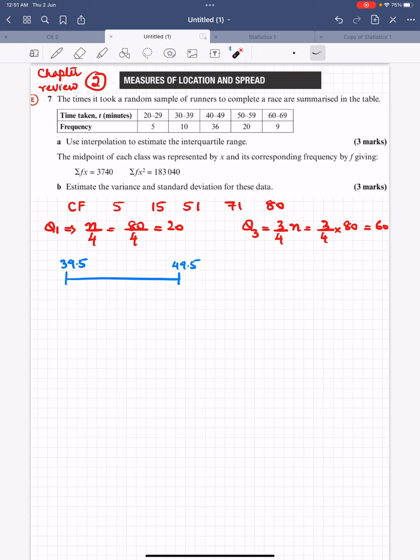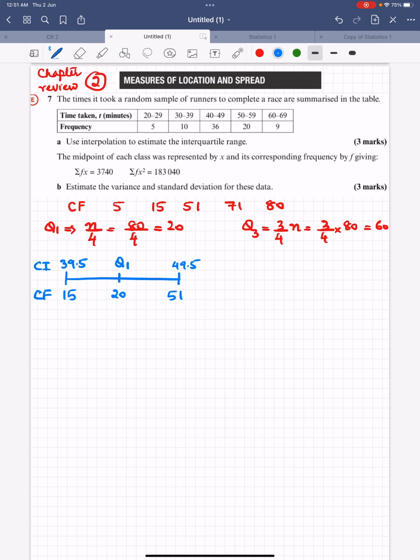The cumulative frequency up till the third class and at the end of the third class will be 15 and 51. So this is the cumulative frequency and this is the class interval, and we need to find the 20th value. So it's here, and that's Q1.